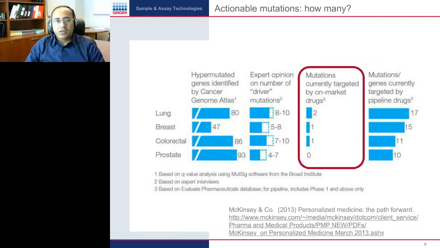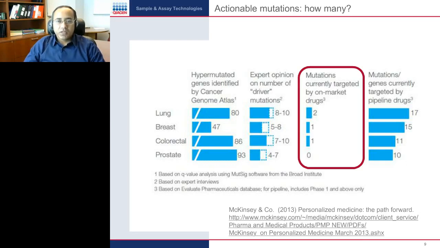In fact, the Cancer Genome Atlas studies have shown that there are less than 100 genes which are hyper-mutated in common cancers such as lung, breast, colorectal, and prostate cancer. And if we look into the mutations and the genes associated with targeted therapy, they are usually less than 20 per cancer type.